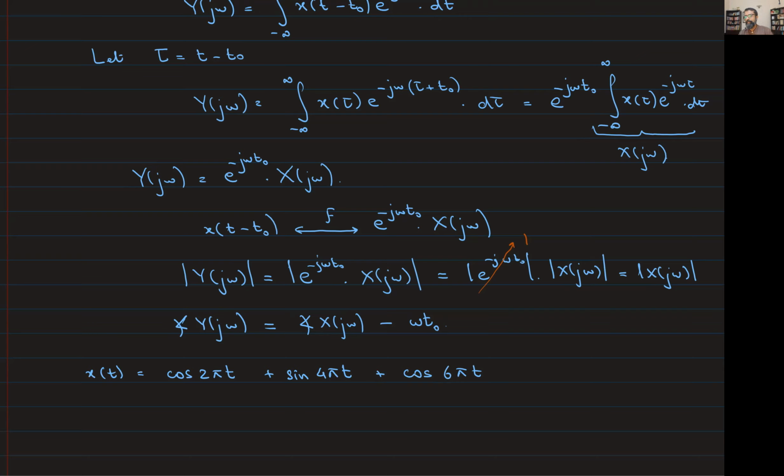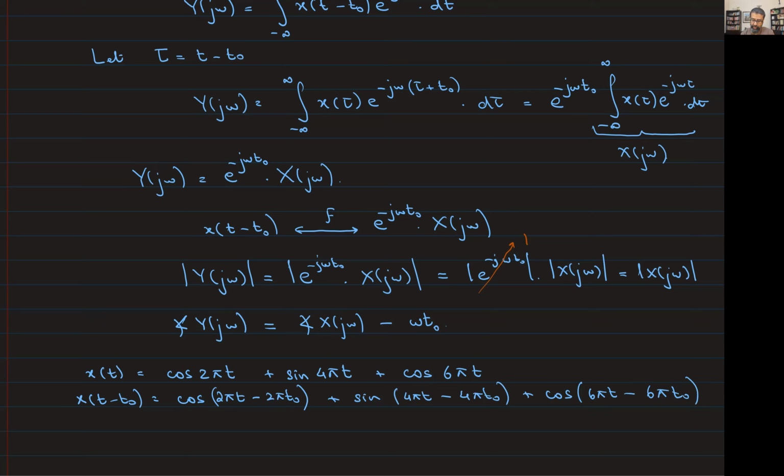You do a shifting and check it. What is x of t minus t naught? It is cosine 2 pi t minus 2 pi t naught, plus sine 4 pi t minus 4 pi t naught, and there's a cosine which is 6 pi t minus 6 pi t naught, right?